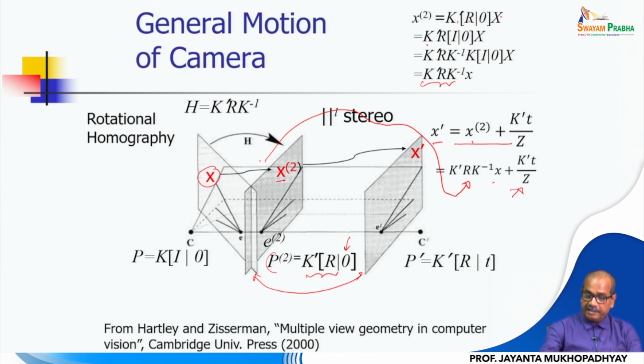After reduction you get K prime R I 0, and then you introduce this algebraic manipulation. You multiply by K inverse and K. Effectively you are multiplying with an identity matrix, so it remains the same. So you get K prime R K inverse, this part, and this part, which again is the projection matrix P. So P into X gives you X. This is how X2 and X are related, and this is the homography shown here.